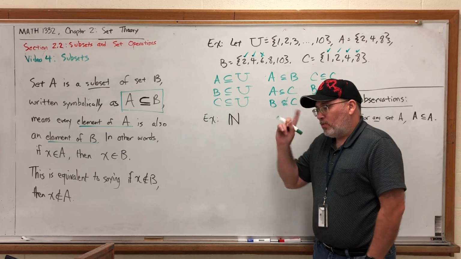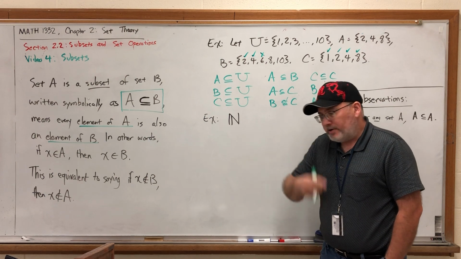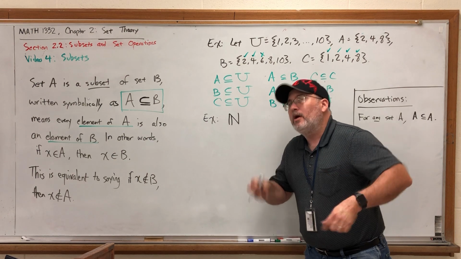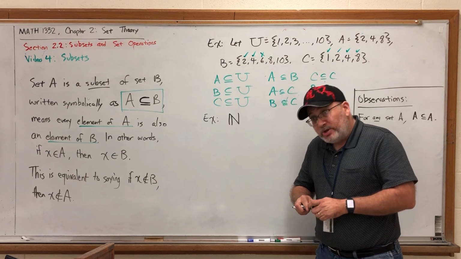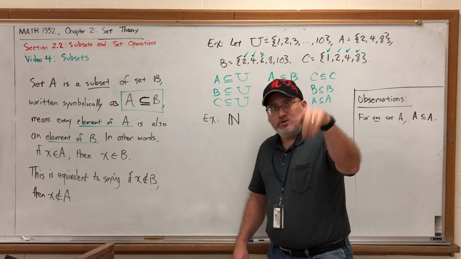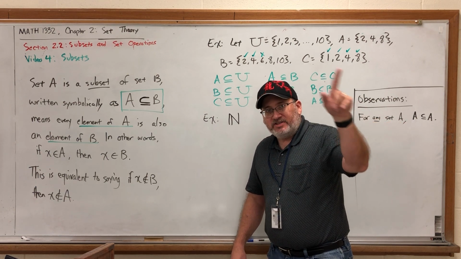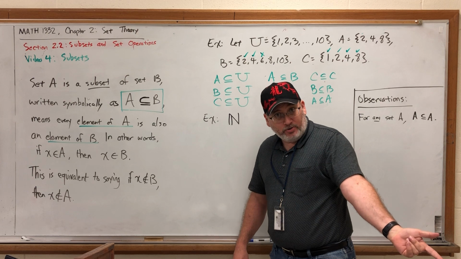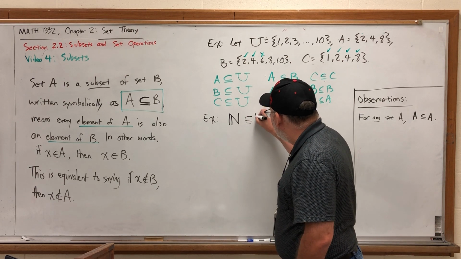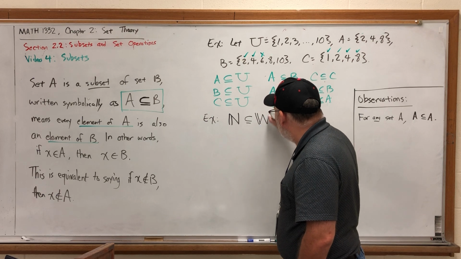The natural numbers are 1, 2, 3, 4, and so on. Do you remember what the next set of numbers was? The whole numbers, which were 0, 1, 2, 3, and 4. But isn't every natural number also a whole number? Yes, which means the natural numbers are a subset of the whole numbers.